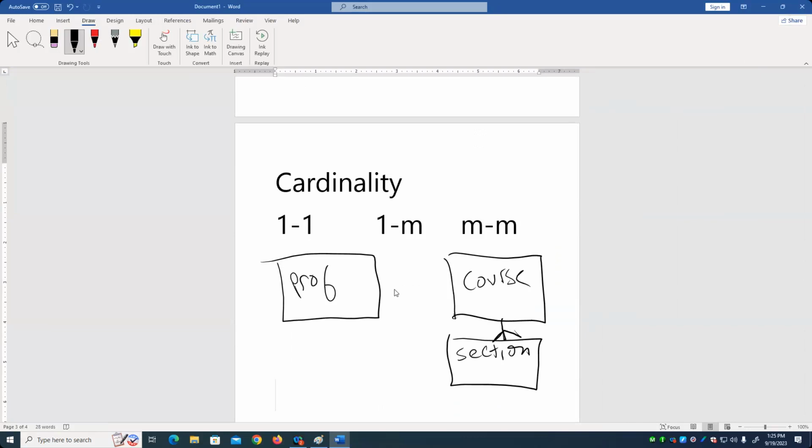Unfortunately, that's not true in all cases, such as CISS241, where a given course is not taught by just one teacher. A given section is taught by a given professor. Remember, when we see the many, it doesn't mean that there always has to be many.